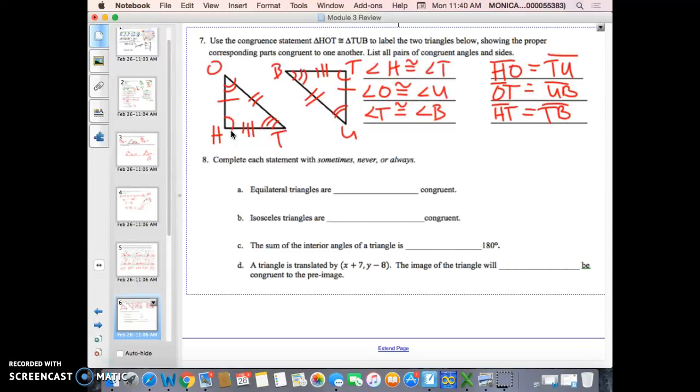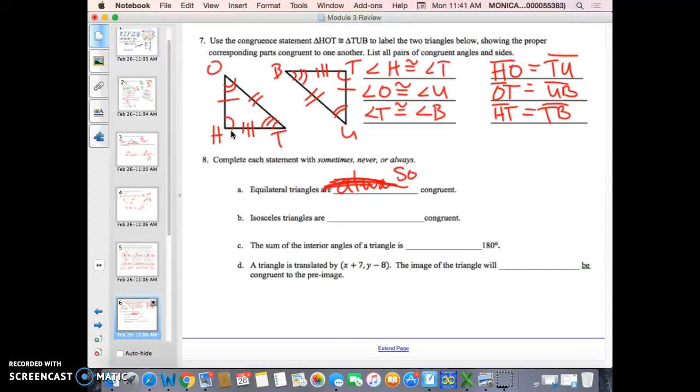Okay, equilateral triangles are always. Excuse me. Equilateral triangles are sometimes. I was thinking equilateral triangles always have 60-degree angles, but their side lengths might be different. So this is sometimes.